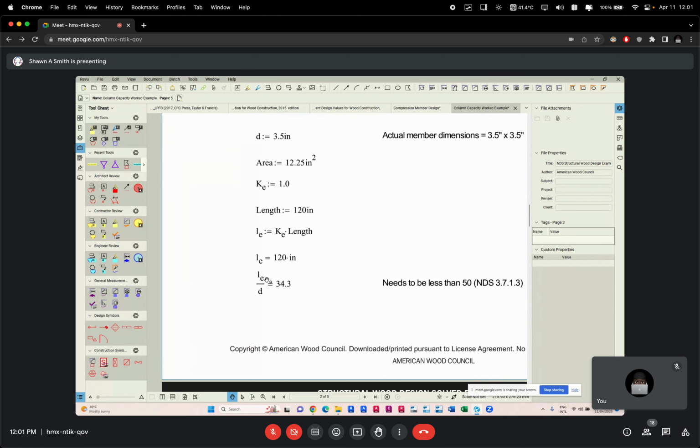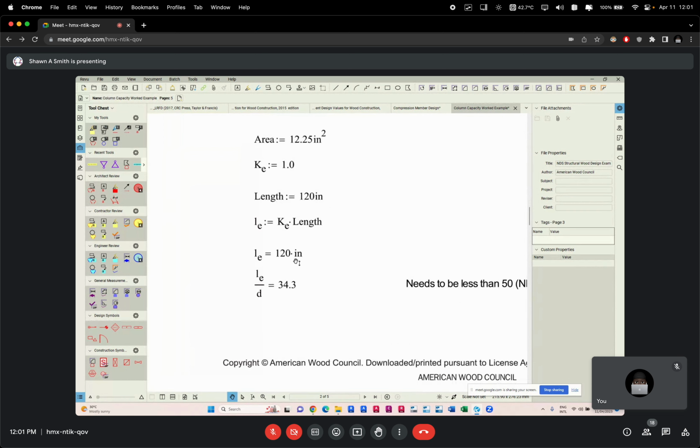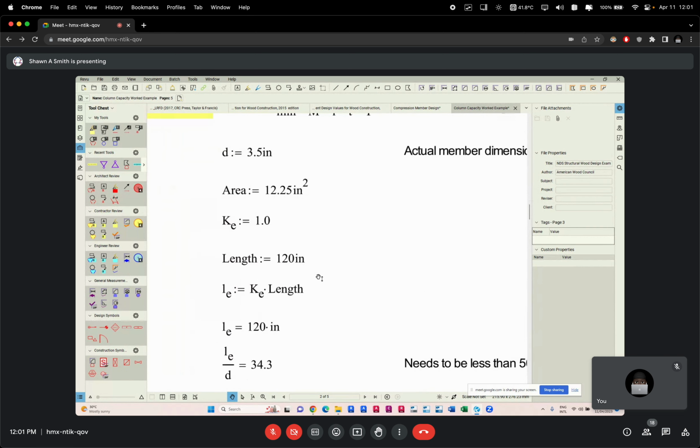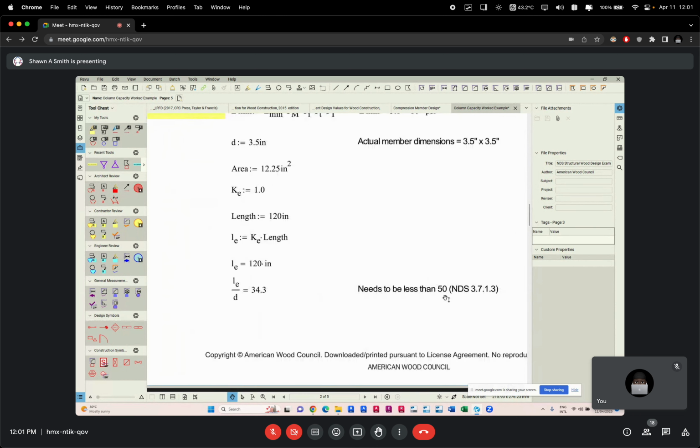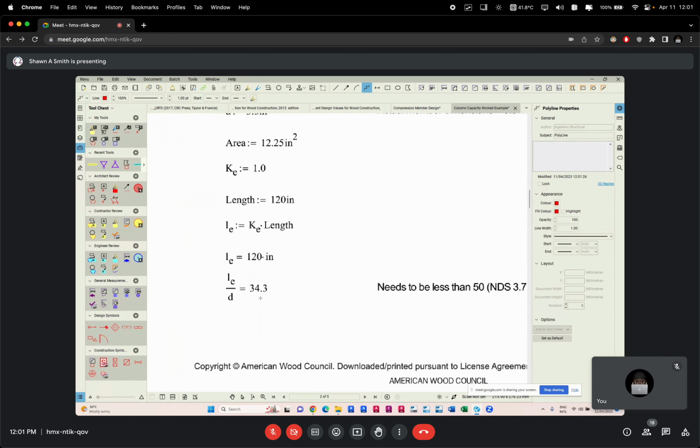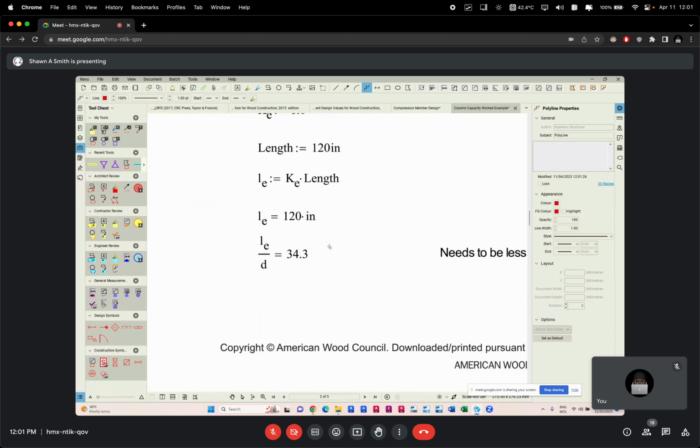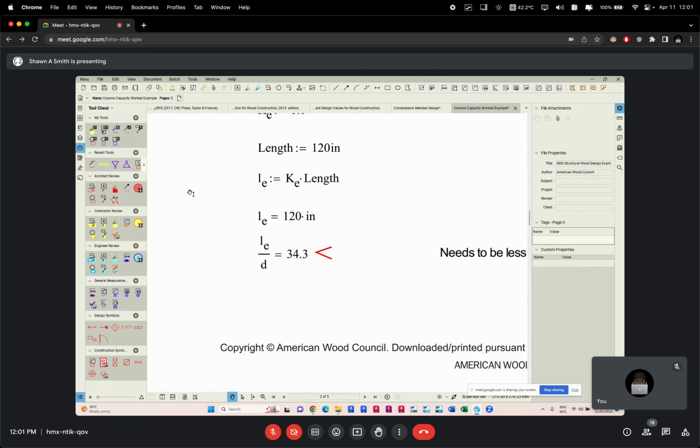And that reduces to the slenderness ratio, effective length over D. D being 3.5. So if you divide 120 by 3.5, you get 34.3. That should be compared with the 50. Because it is less than 50, then it's okay. All right. So we can add this like this. Less than 50.